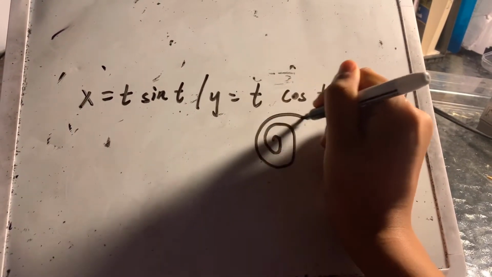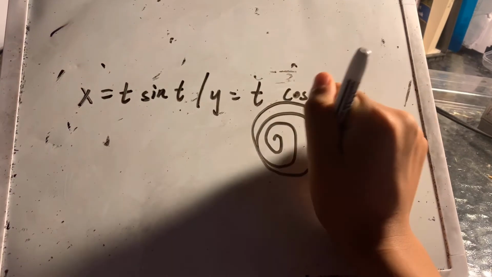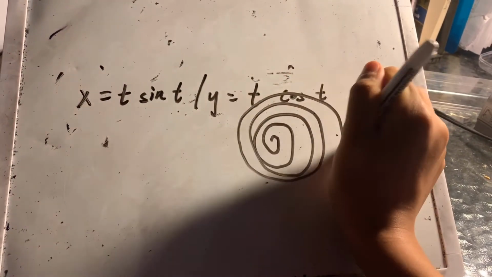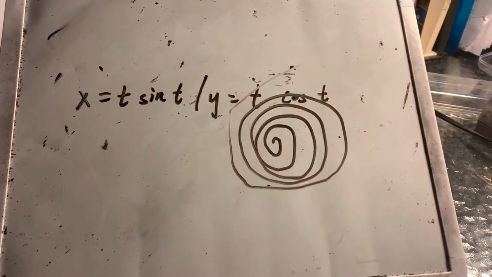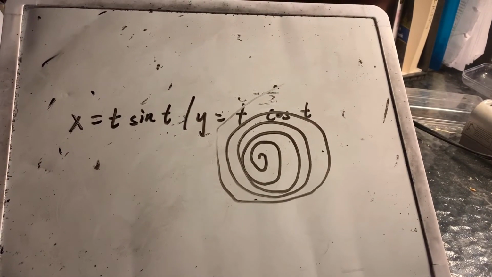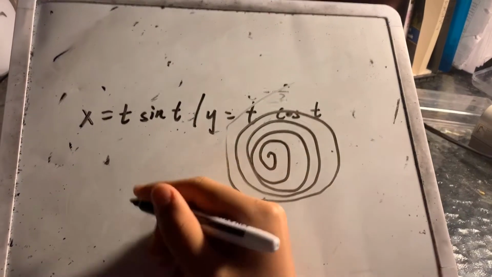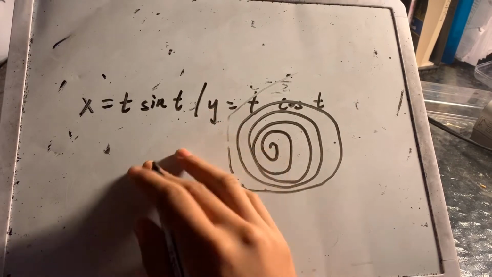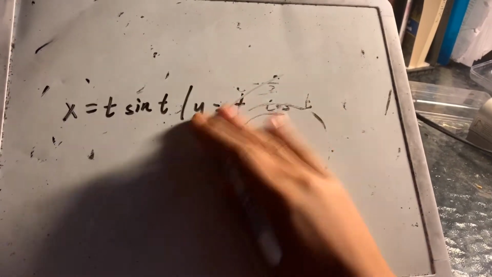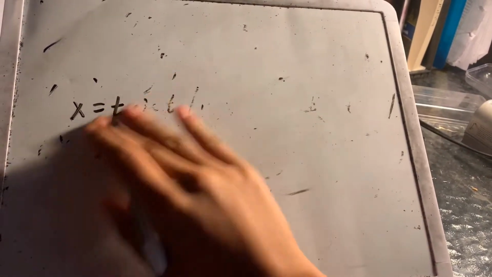This has a fancy name called the spiral of Archimedes. So this is basically what a parametric curve is.